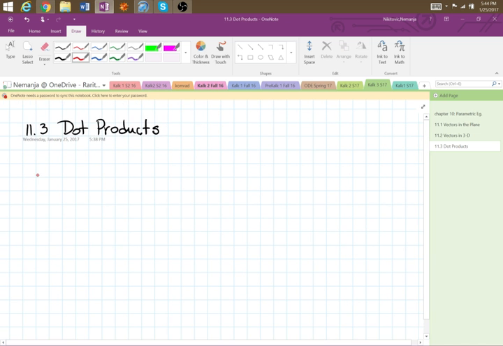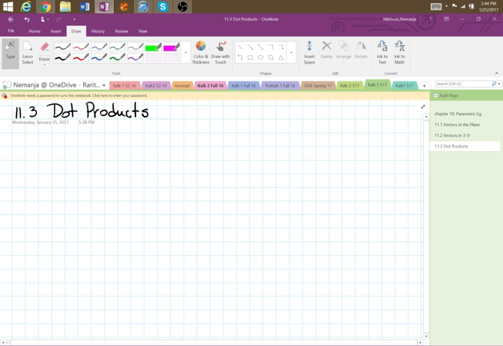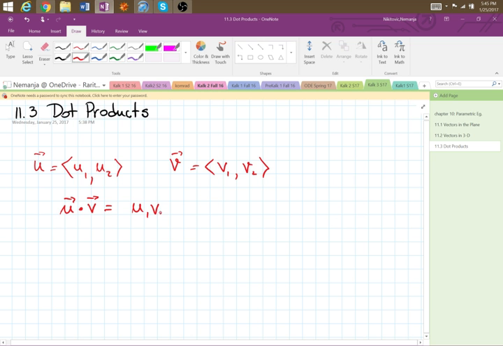is that if you have two vectors, vector u with u1, u2, and the vector v, which is v1 and v2 components, the dot product of u dot v is equal to u1 times v1 plus u2 times v2.